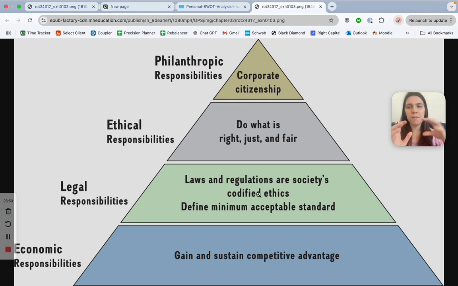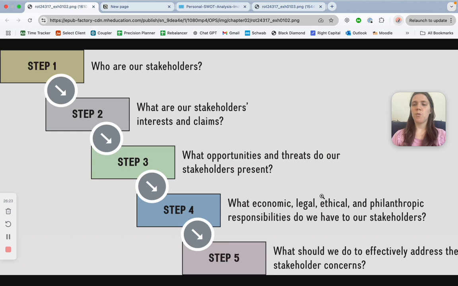And they're all kind of intertwined, because if you're not obeying the law, that's gonna probably hurt profits too in the long run. And ethical, if you're more ethical, like Tom's donating a pair of shoes for everyone bought, that's gonna help your economic section. So they're all intertwined, but the order: first economic, then legal, then ethical, doing what's right, just, and fair, and then giving back.